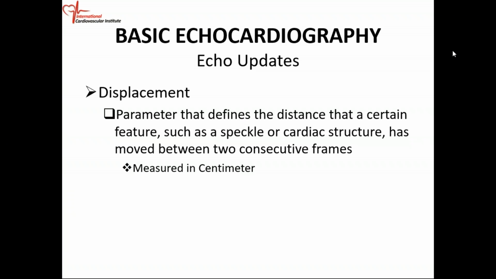So when we talk about displacement, the classic definition for displacement is a parameter that defines the distance that a certain feature, such as a speckle or cardiac structure, has moved between two consecutive frames.